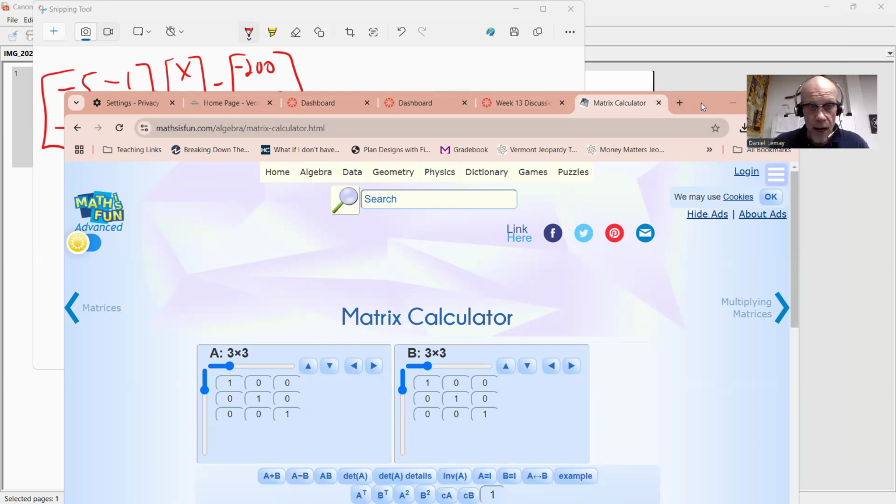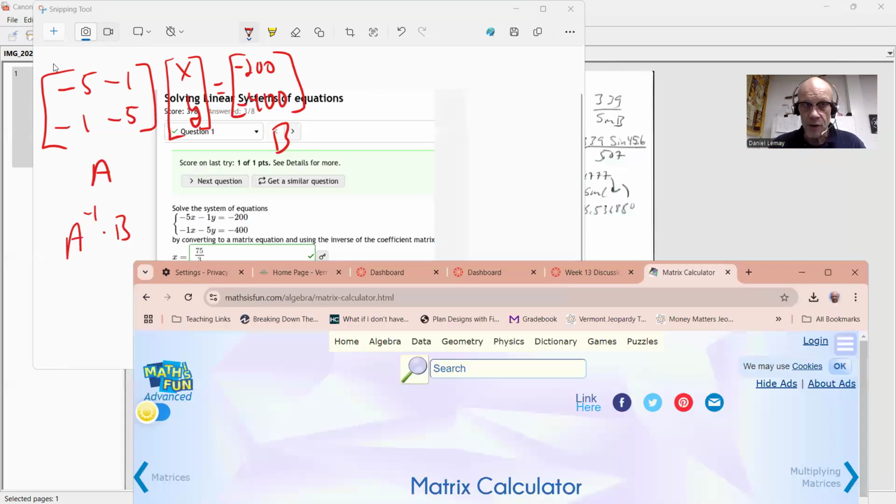So I wrote that system as a matrix equation, and just like with a linear equation, you do the multiplicative inverse here. Let me get a pointer so you can see what I'm pointing at. Okay, so there's the coefficient matrix, and if you take the multiplicative inverse of that times the constants, you'll get the answer.